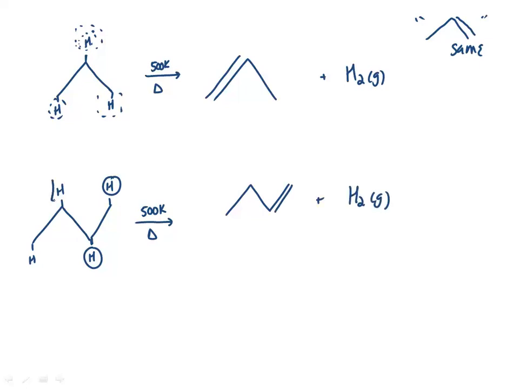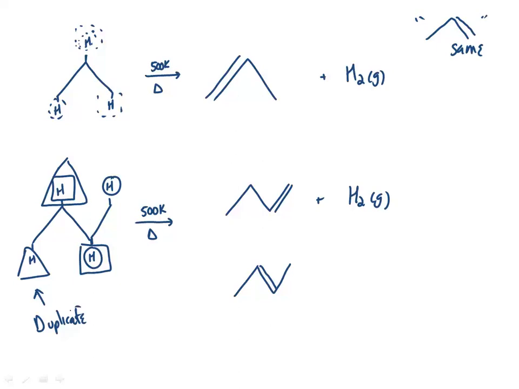Or I can say, well, what if I lose the set that's in squares, in which case I get a double bond in the middle of the molecule, right? Or what if I tried to remove the ones that are in triangles? Yeah, that's a duplicate. Or sometimes we say it's redundant. So in this case, you get two products.